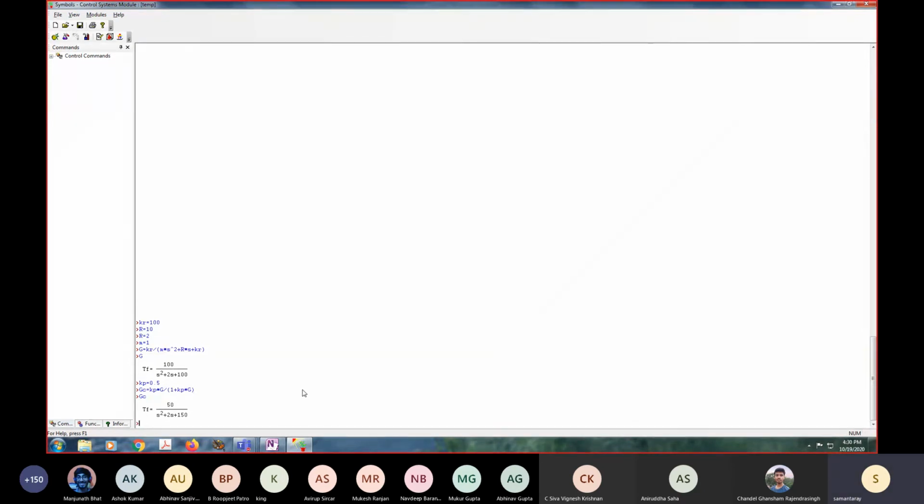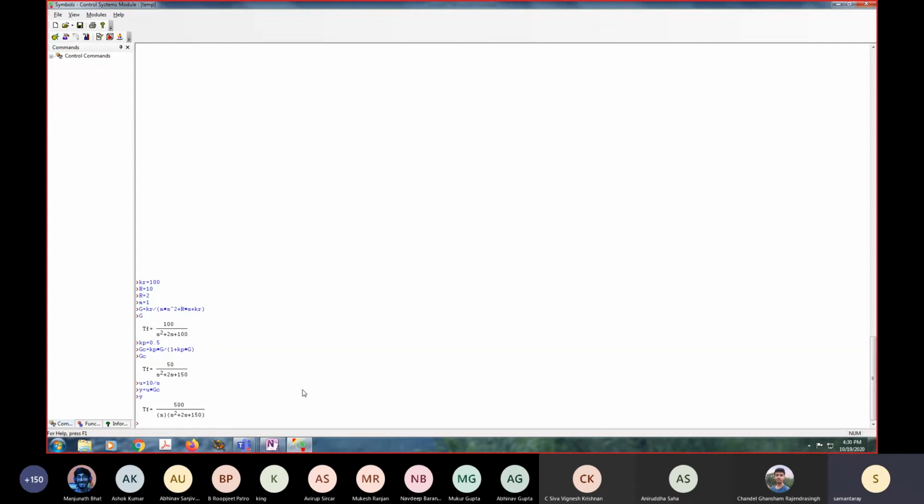Our U(s) is B by s. B is, let's say, 10, so I want it 10 meter square. So this is my input. Y is the output. Output is U times this G closed loop. So this is my output Laplace transform.